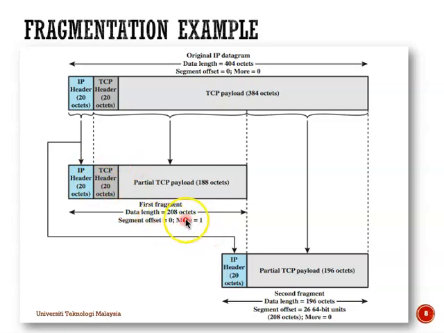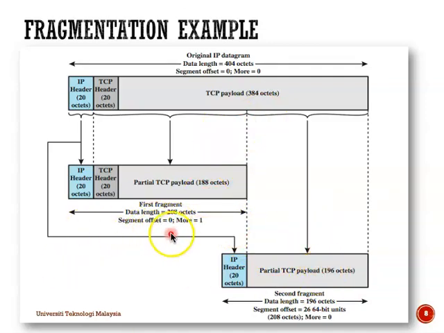You divide 208 by 8, which is equal to 26. It means that the fragment offset for the next fragment is 26. And the partial TCP payload here is the balance from 384 minus 188, which is 196.